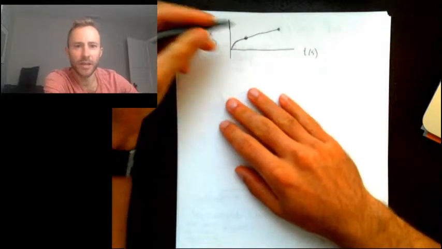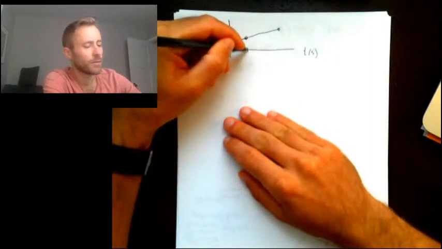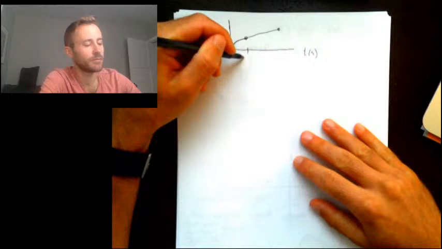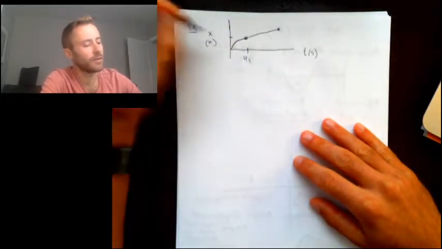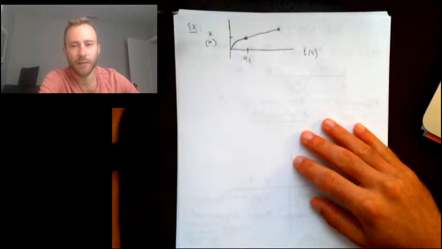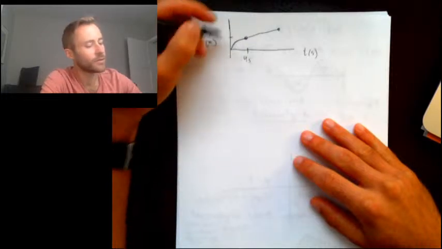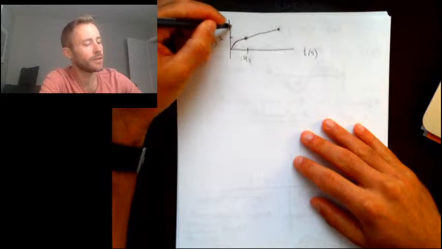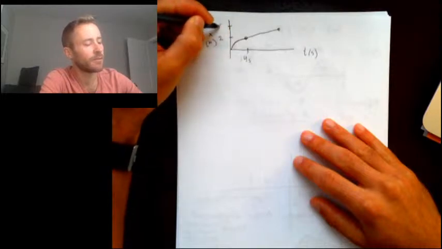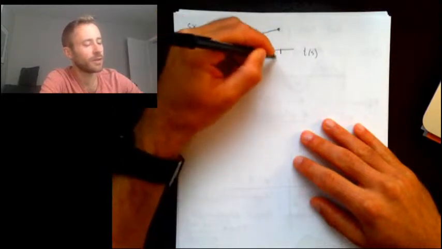So we have a bendy portion for the first, let's say, 4 seconds. And the position at 4 seconds is, let's say, 2 meters. And then this is 5 meters, and that is 10 seconds.